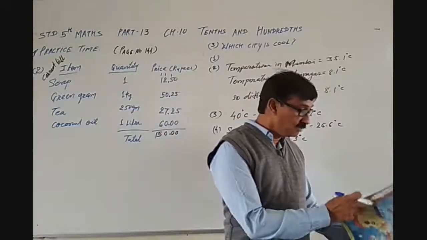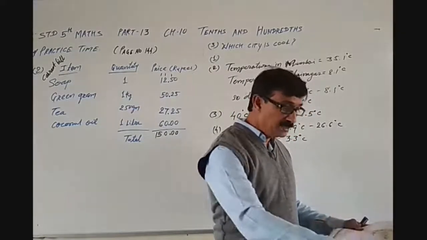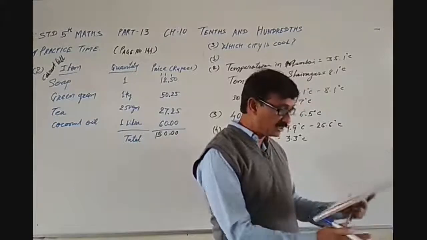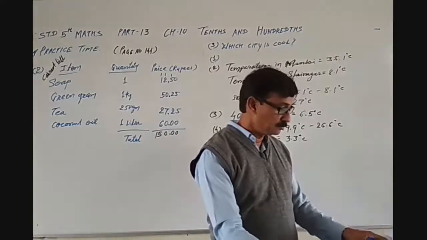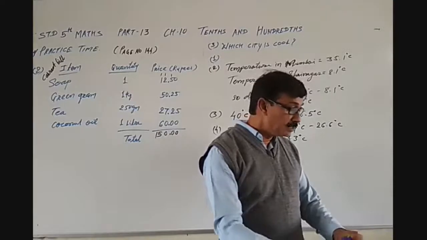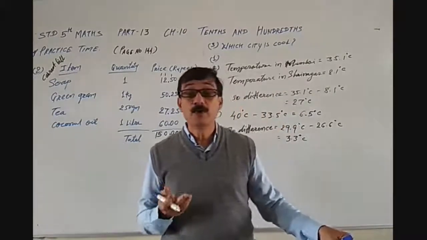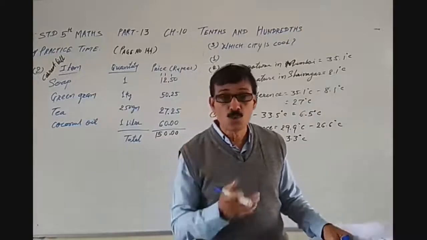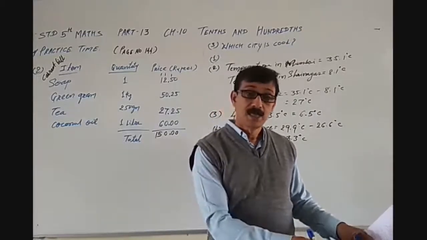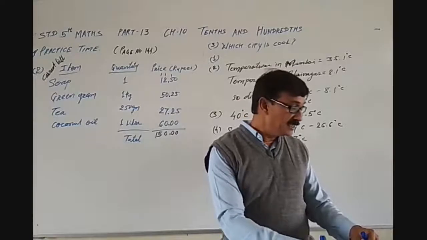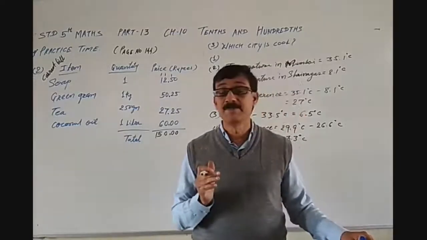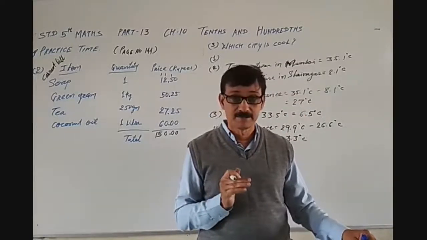Now, from this table, find out which city has the lowest temperature. You can see Srinagar. Srinagar has the lowest temperature up to 1.3 degrees Celsius. It is too cold. So, the answer should be Srinagar had the lowest temperature at 3 am.